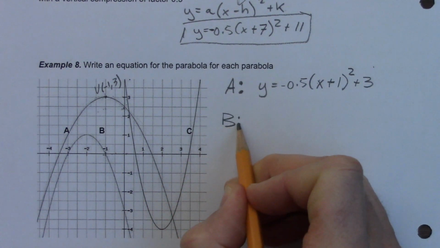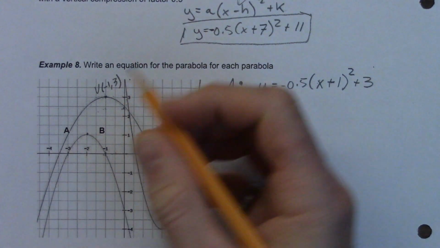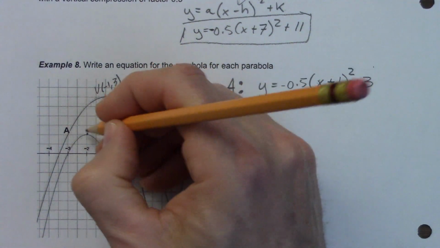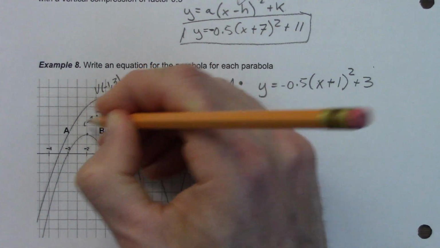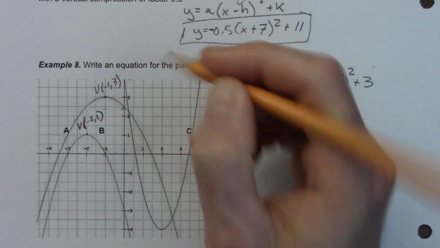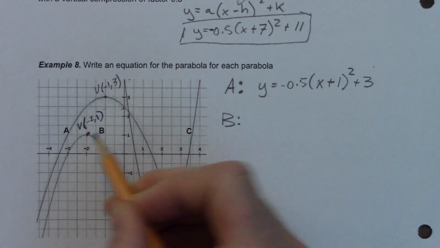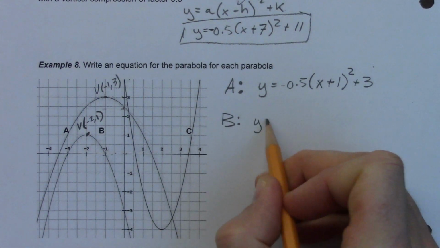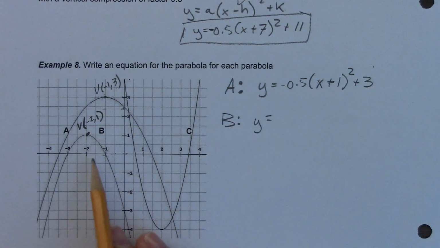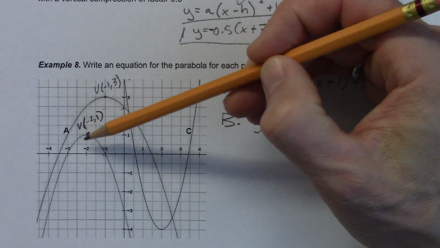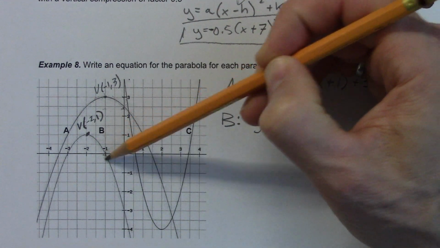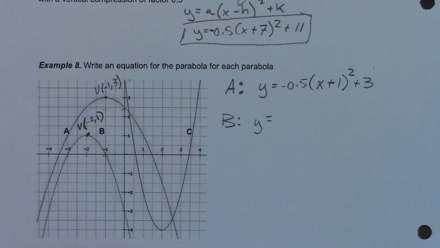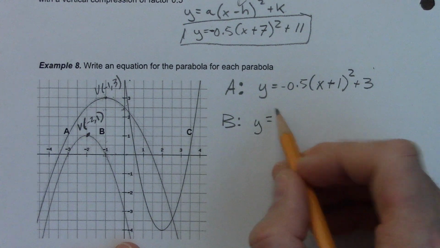Alright. B. Josiah. I'm going to help you out here. I'm going to give you the vertex. -2, 1. That's my vertex. Okay, what am I going to write? Y equals... What's the A value here, Josiah? You're going over 1 and you're going down 1. So what's your A value? Yep. Yeah, not 1, but it's going down.